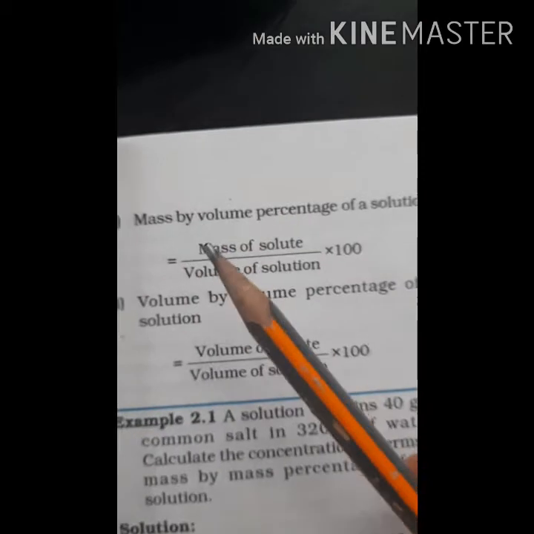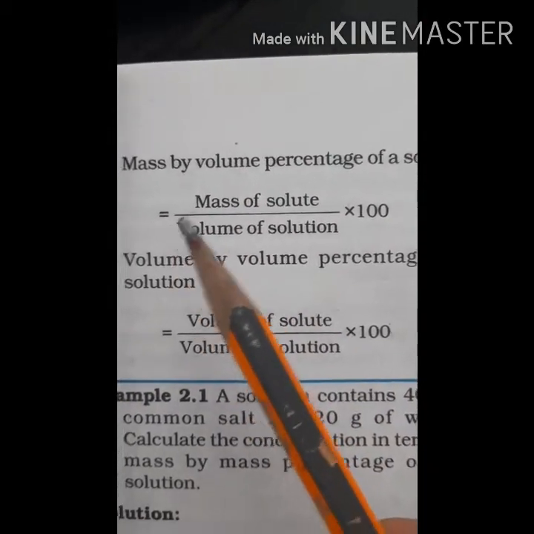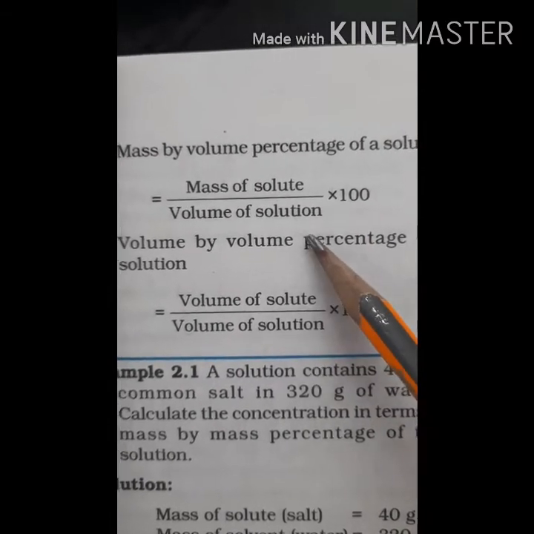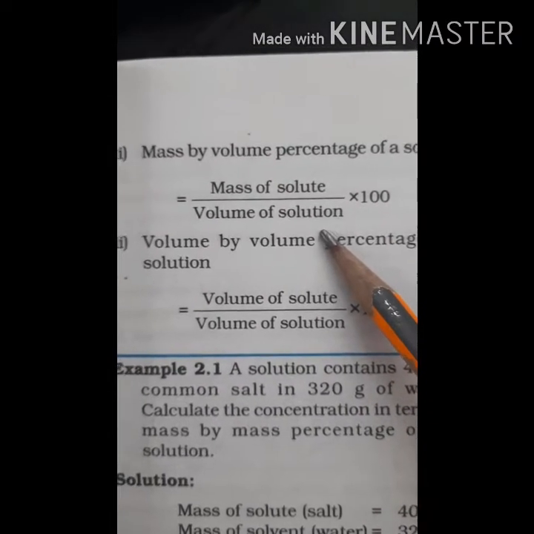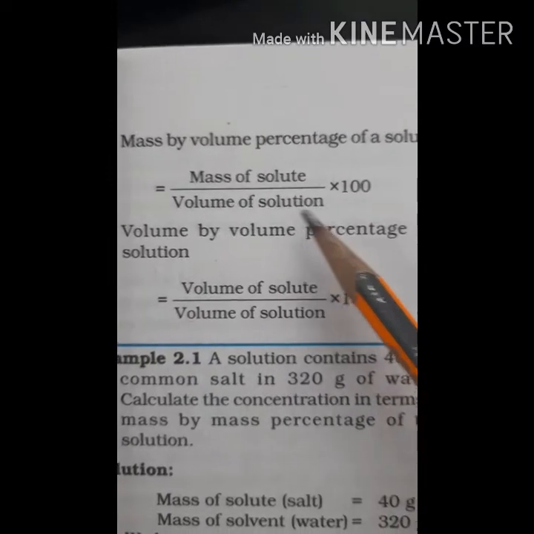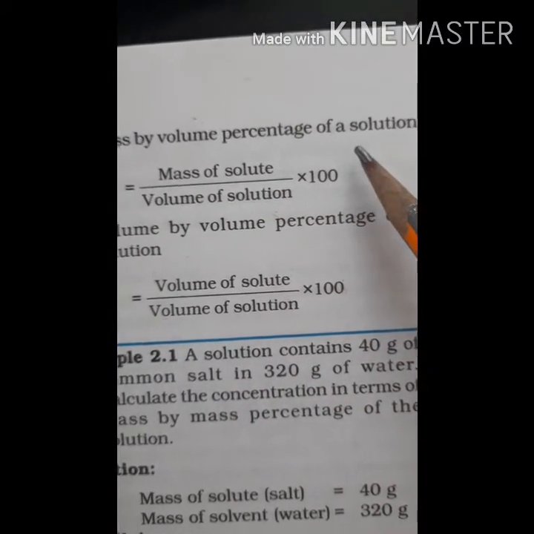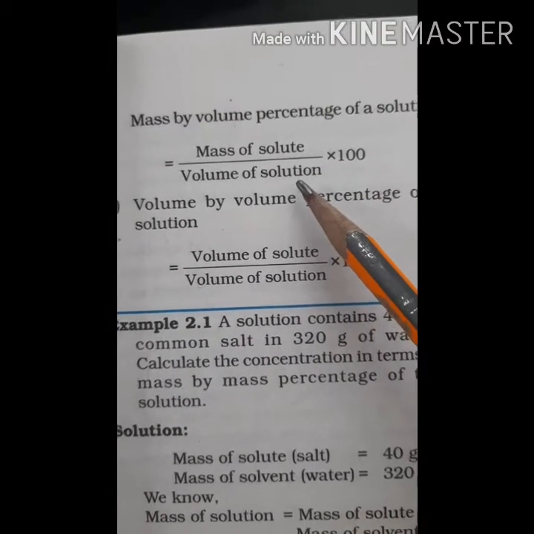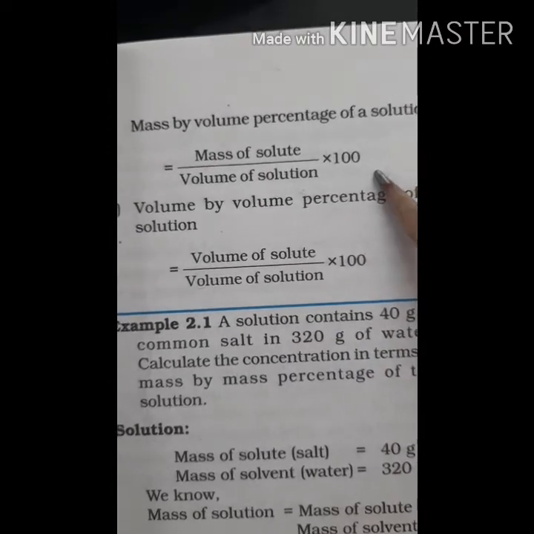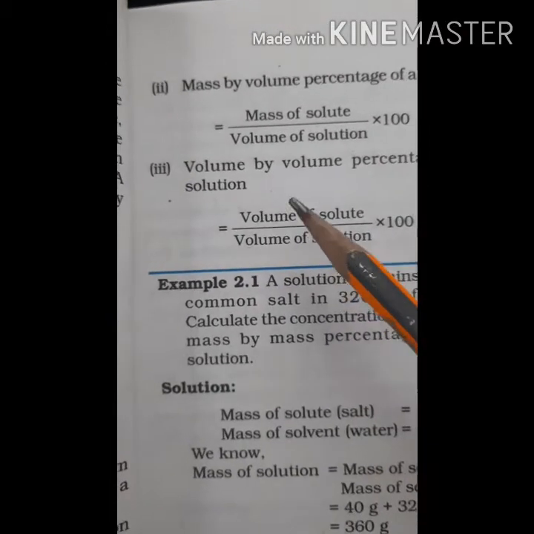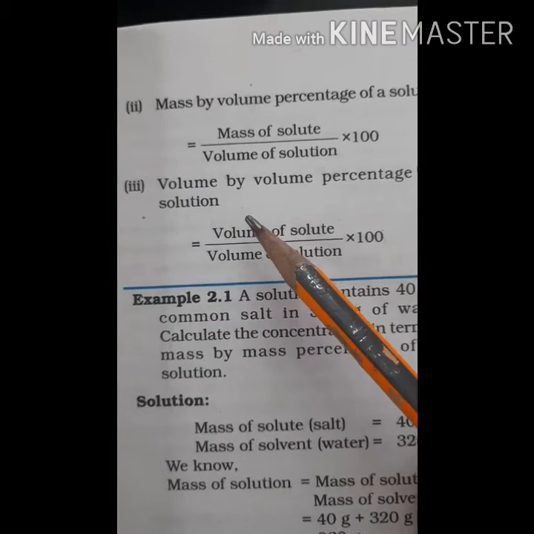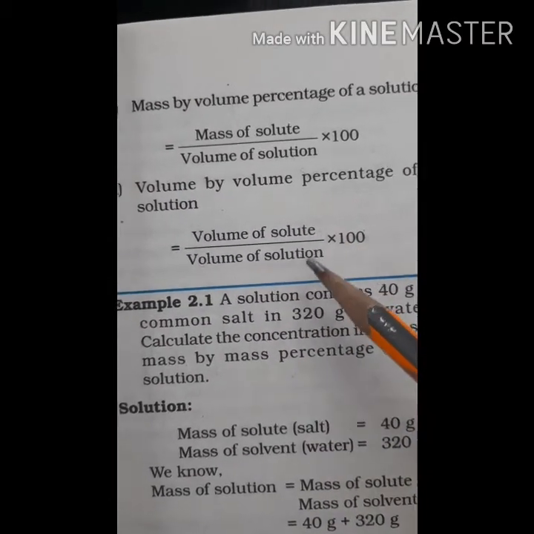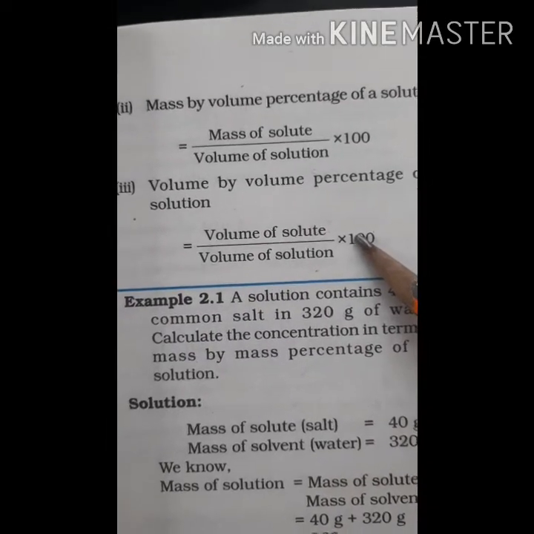Second one, how can we calculate if solute is given in mass and solution is in volume? We can use this formula. That means mass by volume percentage of solution is equal to mass of solute divided by volume of solution into 100. Third one, if both are in volume, how can we calculate? With this formula, volume of solute by volume of solution into 100.